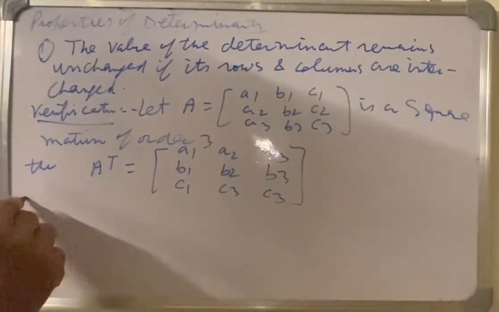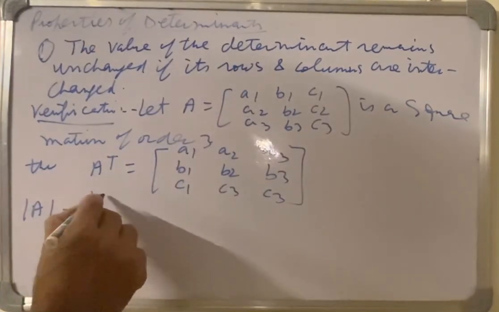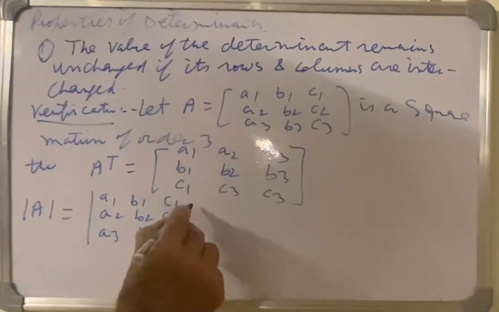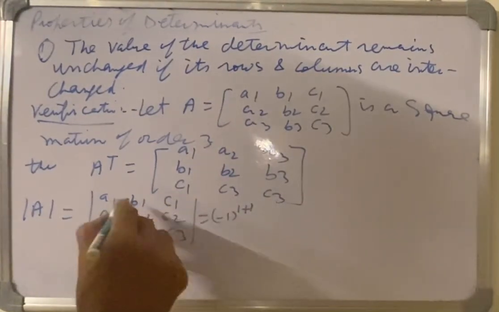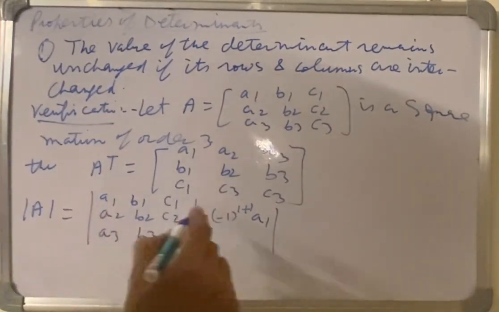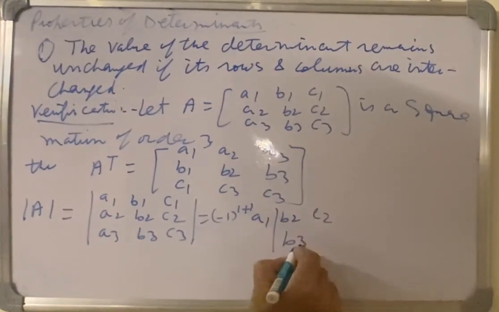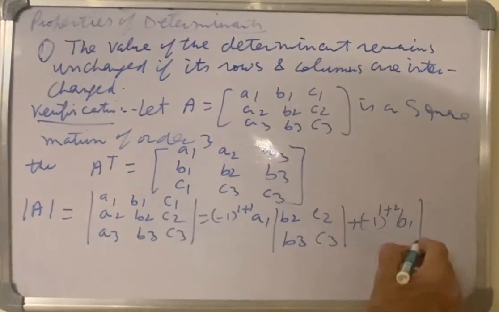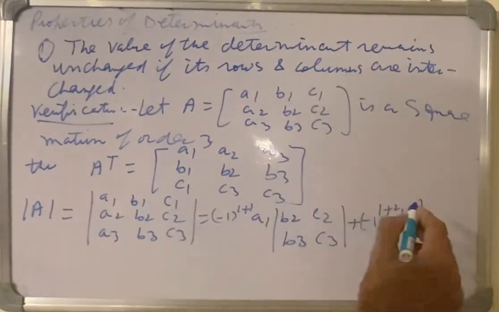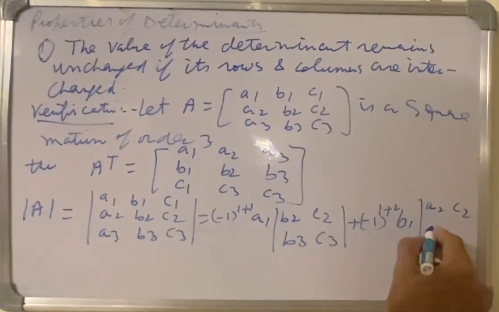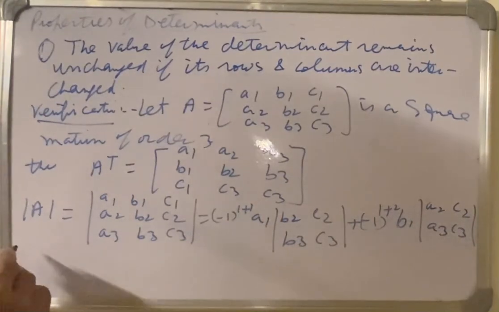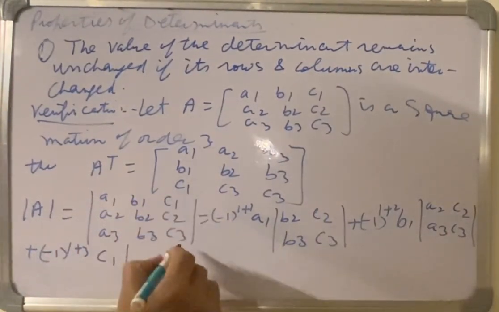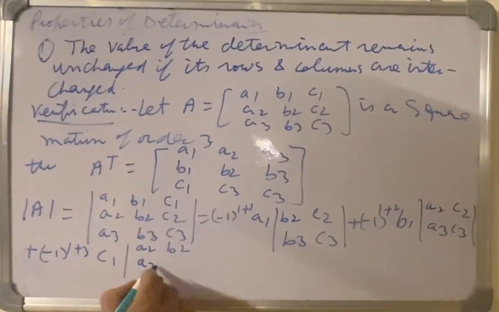Then determinant A is equal to determinant of A1 B1 C1, A2 B2 C2, A3 B3 C3, which is equal to (-1) raised to the power 1 plus 1 A1 into the minor of the first row and first column, B2 C2 B3 C3, plus (-1) raised to the power 1 plus 2 B1 into the first row and second column, A2 C2 A3 C3, then plus (-1) raised to the power 1 plus 3 C1 into the first row and third column, A2 B2 A3 B3.